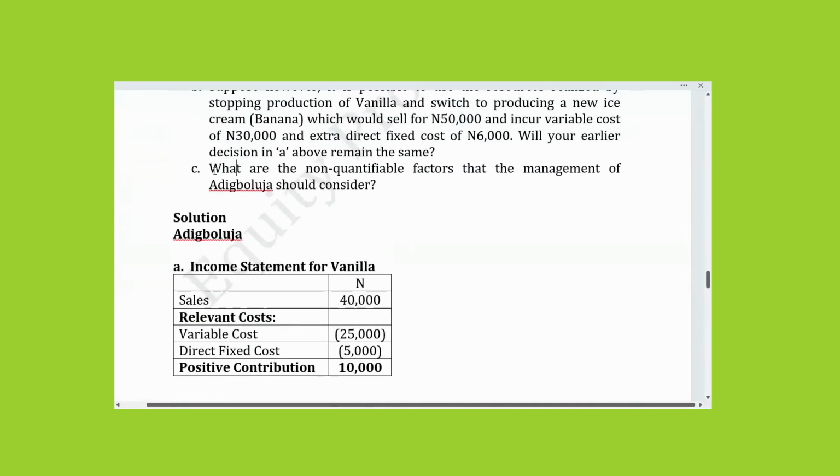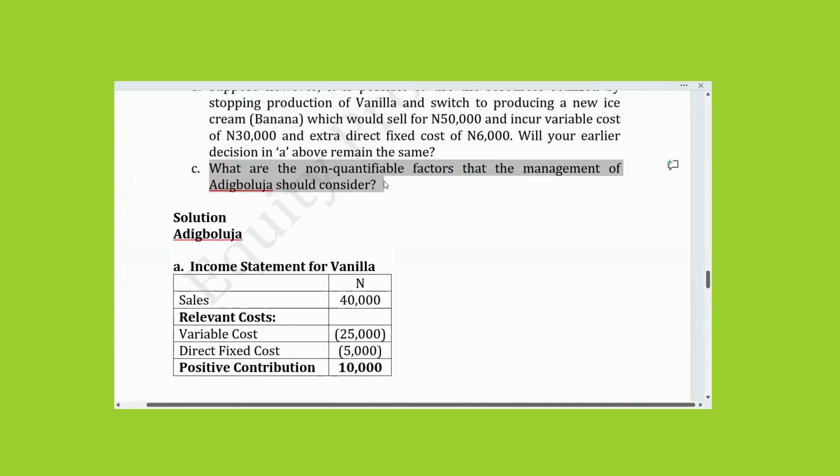That's what you should do in the C part. The examiner is asking in C, what are the non-quantifiable factors that the management of Adigbolija should consider? Now that you want to discontinue vanilla, what are the qualitative factors? So what you just mentioned should be part of what you are going to discuss in C.